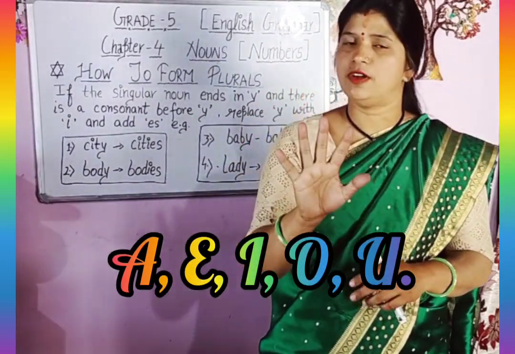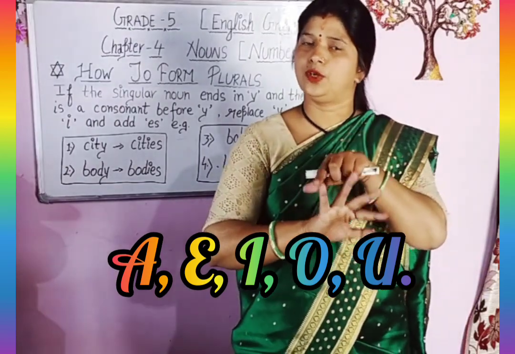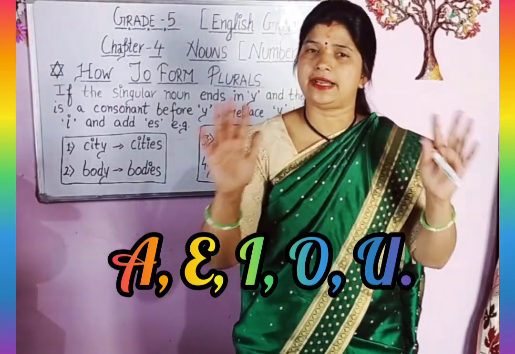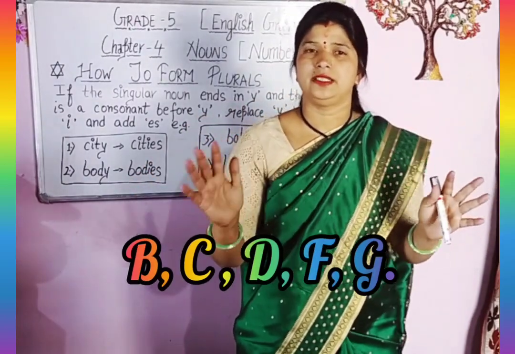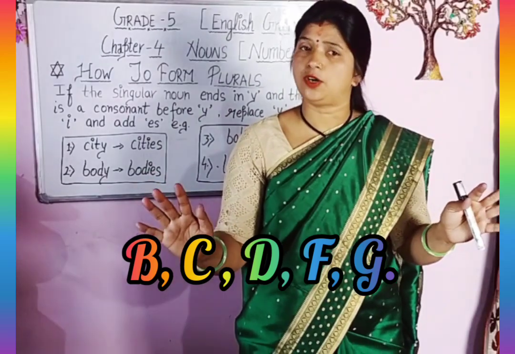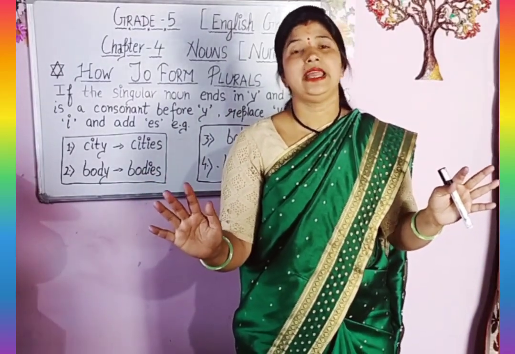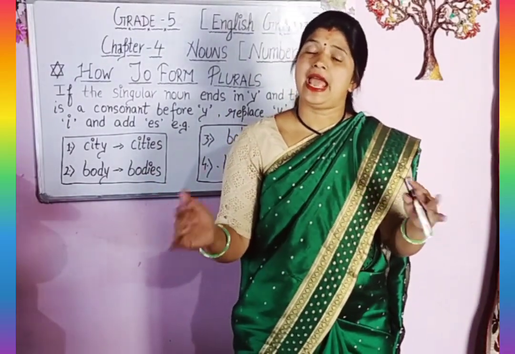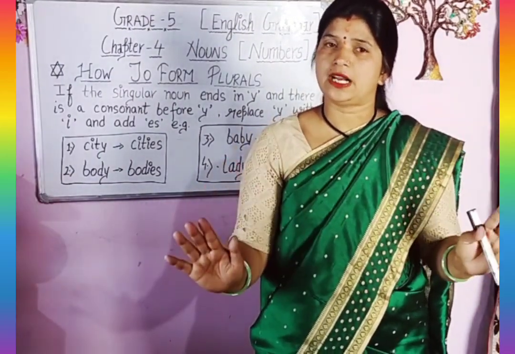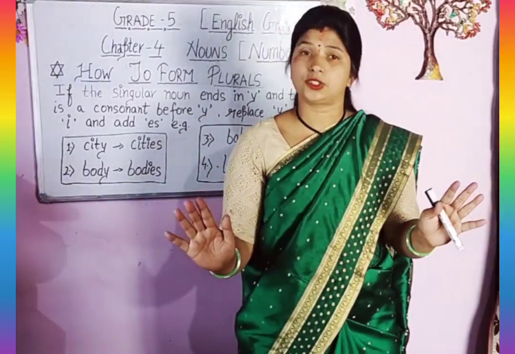There are 5 vowels A, E, I, O, U. Then except A, E, I, O, U, जितने भी letters हैं like B, C, F, G, all these letters, there are 21 consonants in our English alphabet. So except A, E, I, O, U, whichever letters are there, they are all known as consonants.